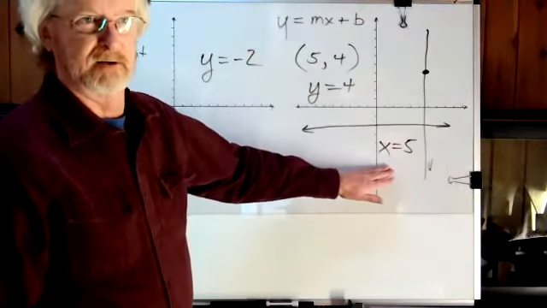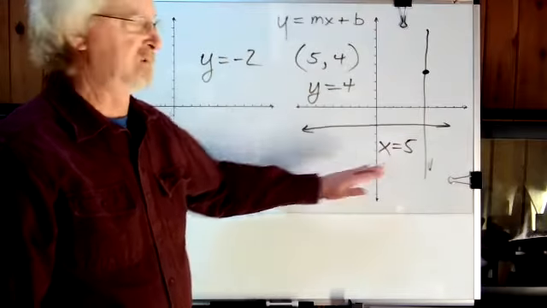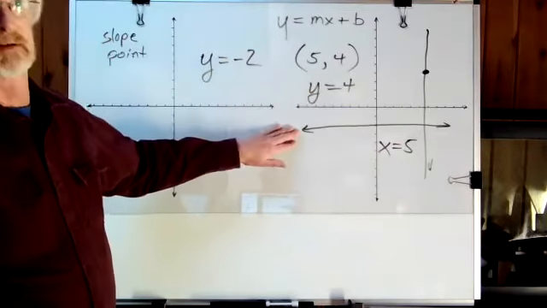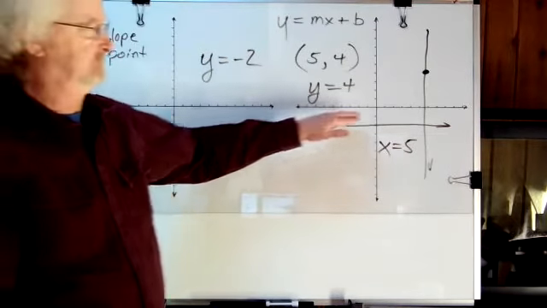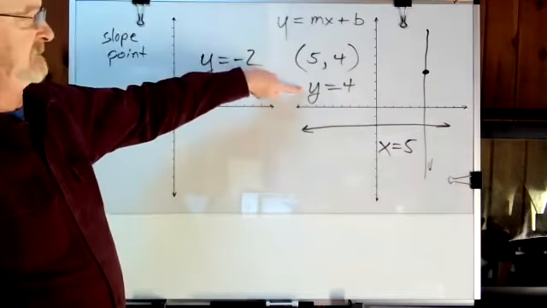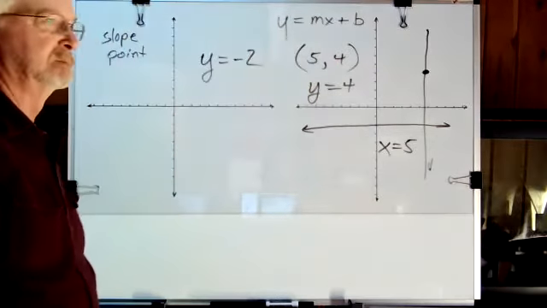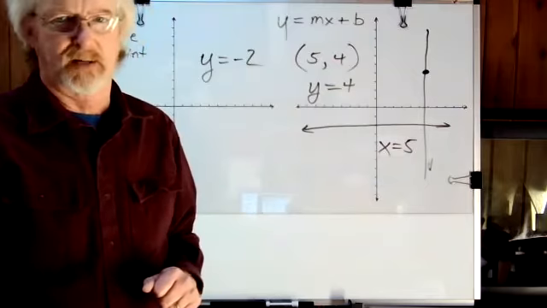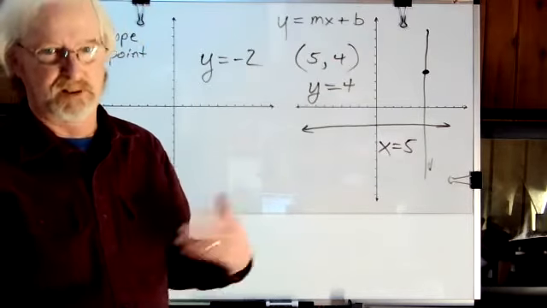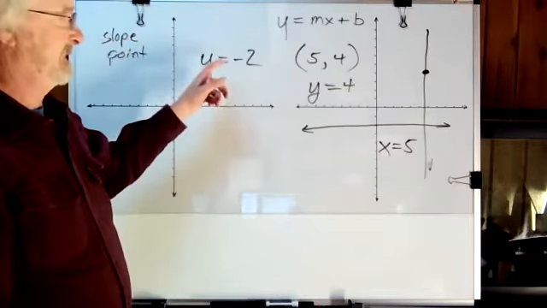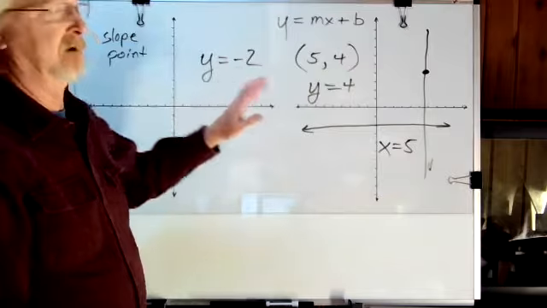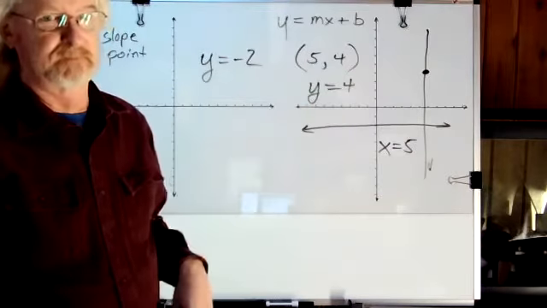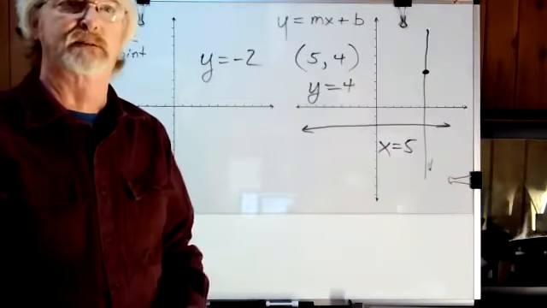Vertical is the x value is always the same. Horizontal, the y value is always the same. So we can throw in the parallel and perpendicular questions when dealing with horizontal and vertical also. Try to remember those special forms.